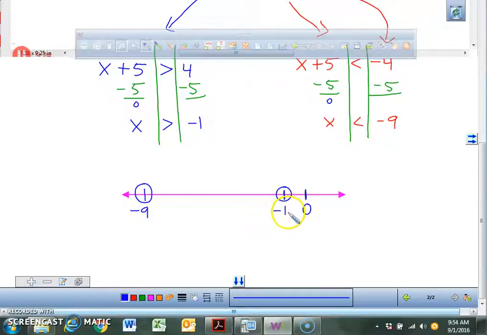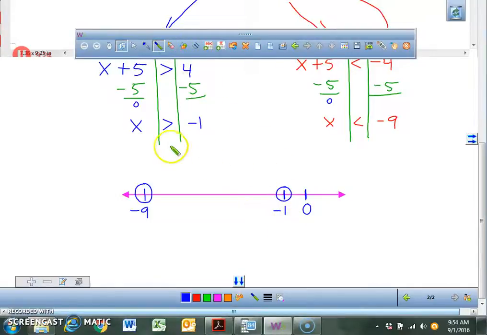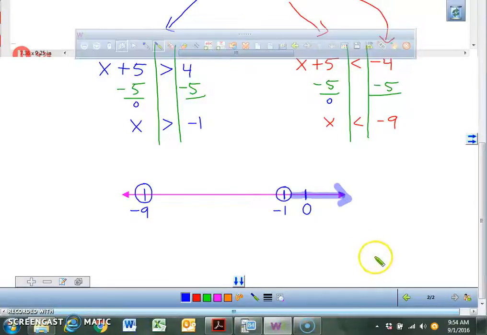Now, let's think about this. What does this statement say? X is greater than -1. That's going that direction. What does this one say? X is less than -9, which means I'm going the opposite direction.